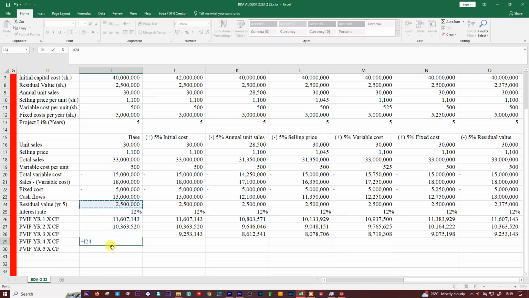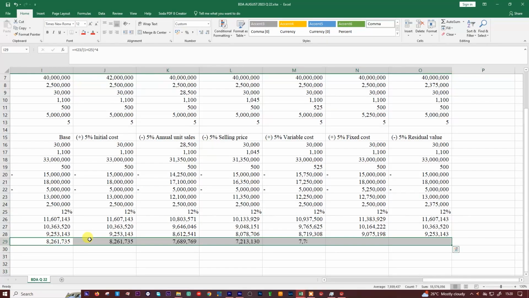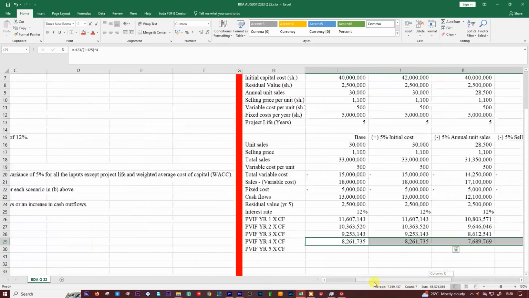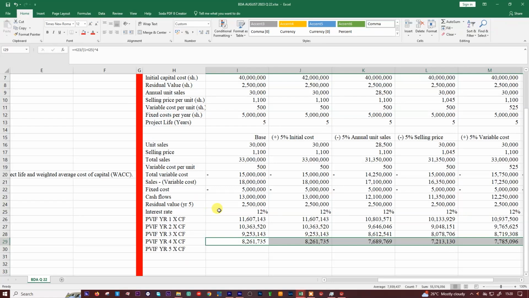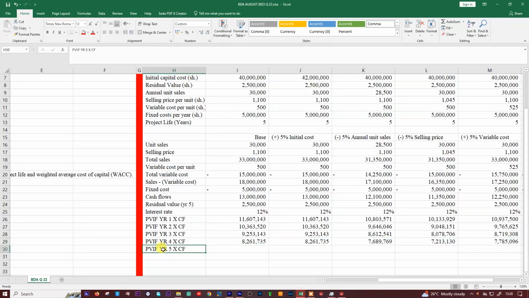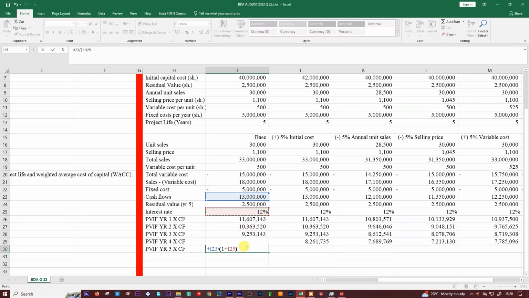So plus the cash flow over, open the brackets, 1 plus, power 4, that. Then finally we have power 5, but we will also need to work out the residual value right here. So the residual value, then the cash flow is going to be plus that value over 1 plus, power 5. Enter.